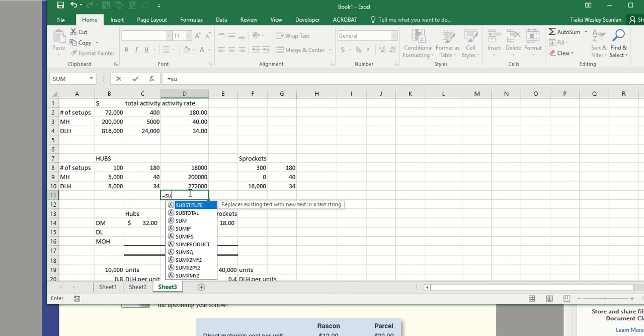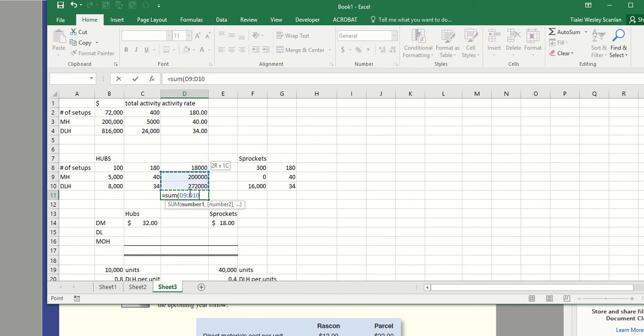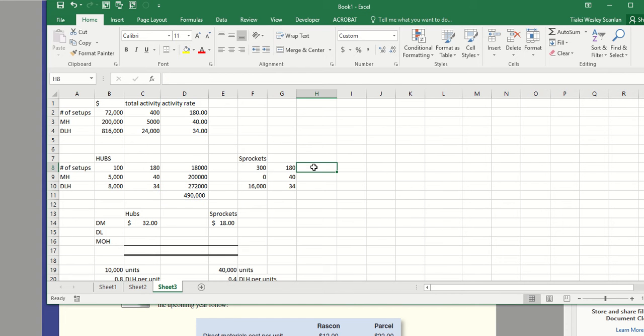This is a bucket for activity-based costing, so sum all those buckets, put all those dollar amounts together, times across, and then sum downwards to know our total manufacturing overhead applied for hubs and total manufacturing overhead applied to sprockets.